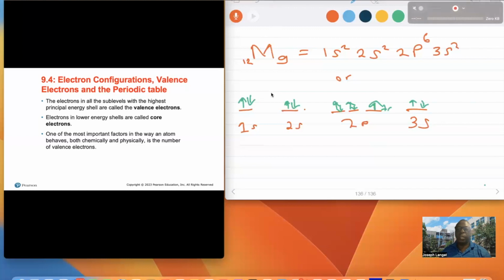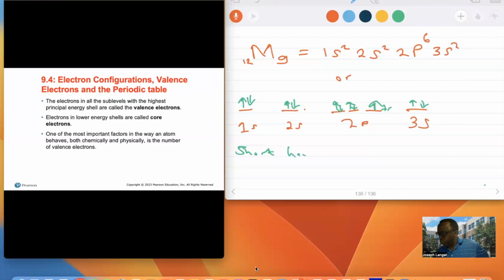So this is the orbital filling diagram, showing you method one and method two. And then last, method three is using the group 8 element to indicate the core electrons.